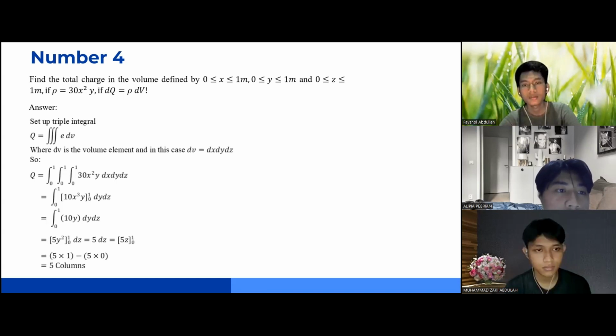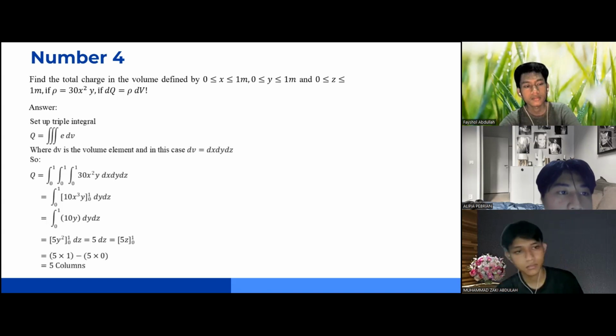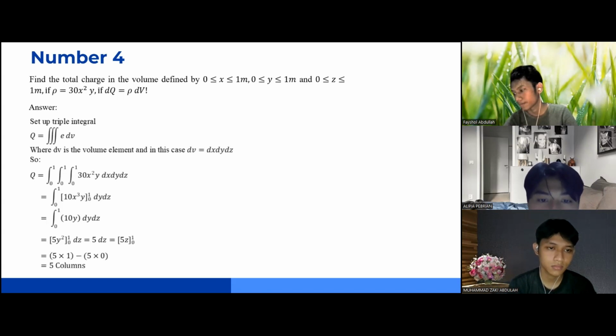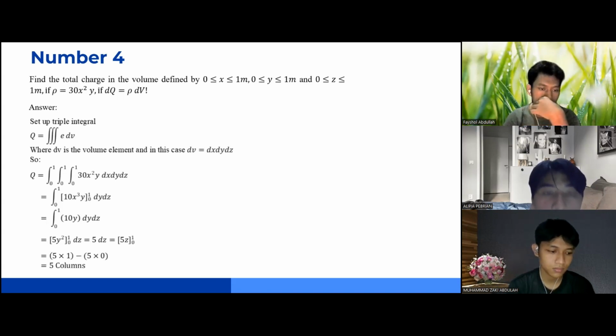Q equals the triple integral of ρ dV, where dV is the volume element, and in this case dV is dx dy dz. So the integral becomes Q equals the triple integral from 0 to 1 of 30x²y dx dy dz. First we integrate with respect to x, and Q equals the integral from 0 to 1 of [10x³y] from 0 to 1 dy dz.